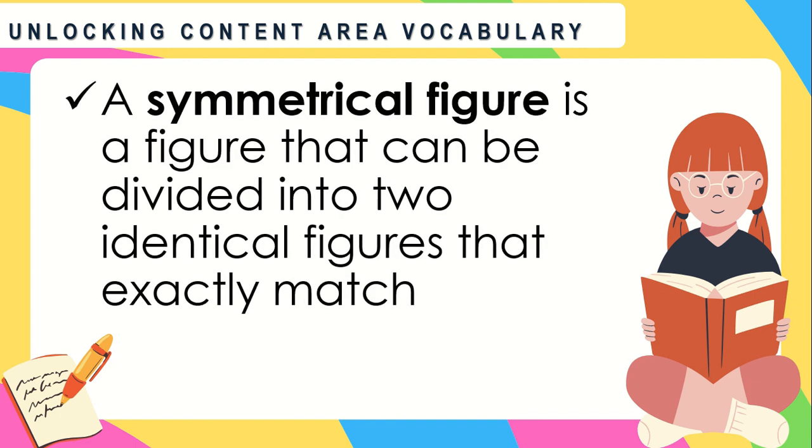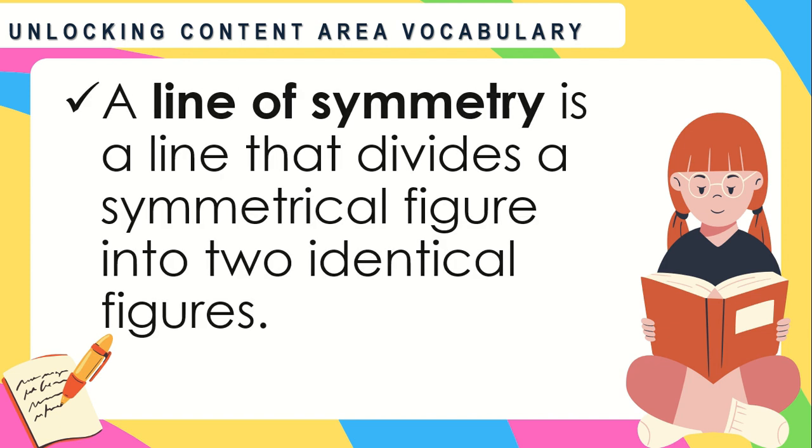A symmetrical figure is a figure that can be divided into two identical figures that exactly match. A line of symmetry is a line that divides a symmetrical figure into two identical figures.